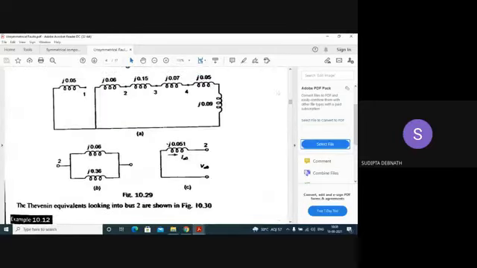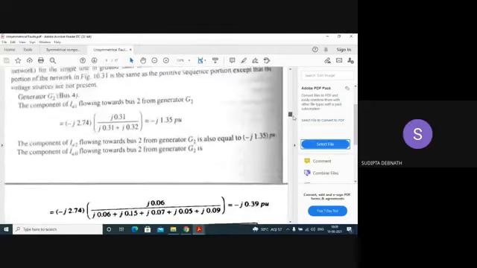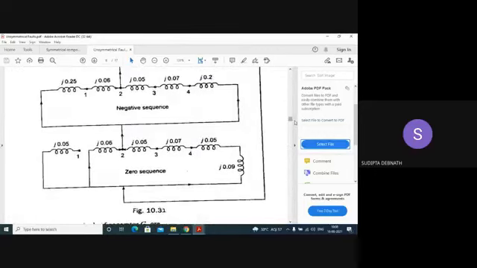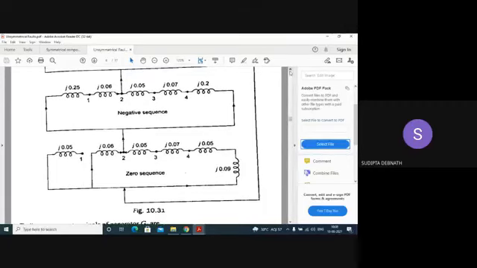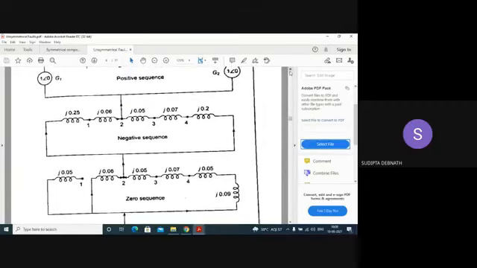It is just like this, so the zero sequence network is drawn here, and all are connected in series. One point of the series connection is the reference line, and the other point will be the fault point. Understand why this type of sequence network: as it is a single line to ground fault, all the networks are connected in series. Is it clear?